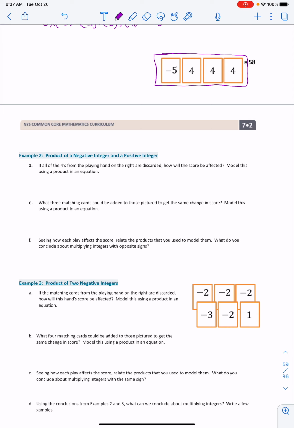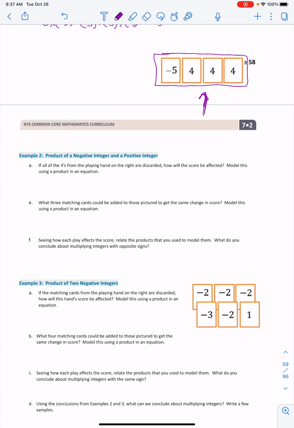It says if all of the 4s from the playing hand on the right are discarded, and actually they're up here, so I'm going to put an arrow right here, okay? How will the score be affected? Model using the product in the equation. Well, we have to be careful here because if we discard them, we are going to subtract them.